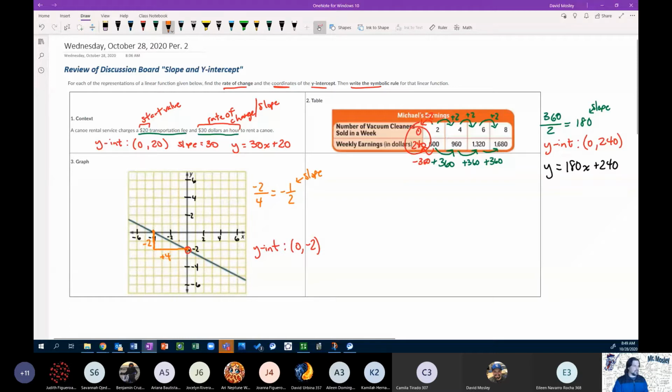So every 1 I go down, I go over 2. One down, over 2. All right, so then we have enough for our rule now. y equals -1/2 x minus 2.